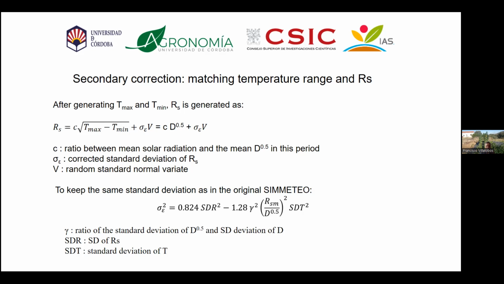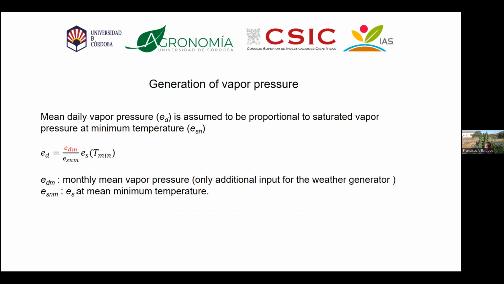I'm not going to stop at the equations, but I will go to more interesting aspects like the generation of the additional variables, vapor pressure in the first place. What we do is assume that mean daily vapor pressure is proportional to saturated vapor pressure at minimum temperature.